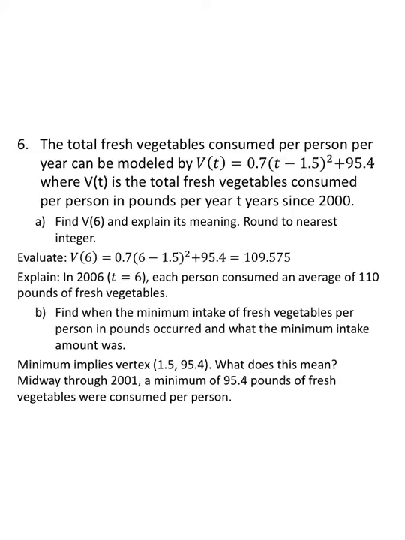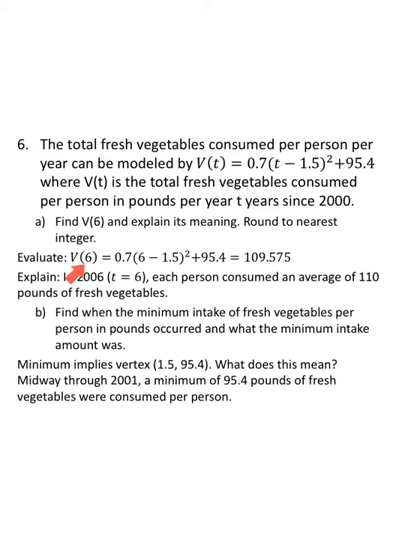Alright, so first of all, let's find V of 6. V of 6, where there was a t, I'm replacing it with a 6. I don't see any no-calculator instructions here. I'll type that into my calculator, and I'll get 109.575. But what does it mean? Let's explain this.